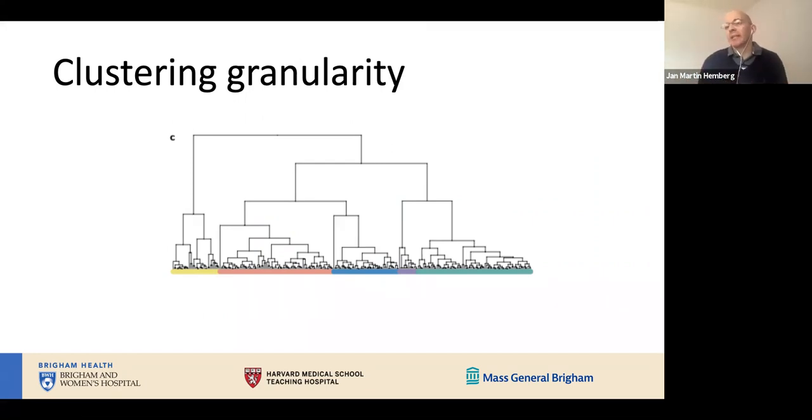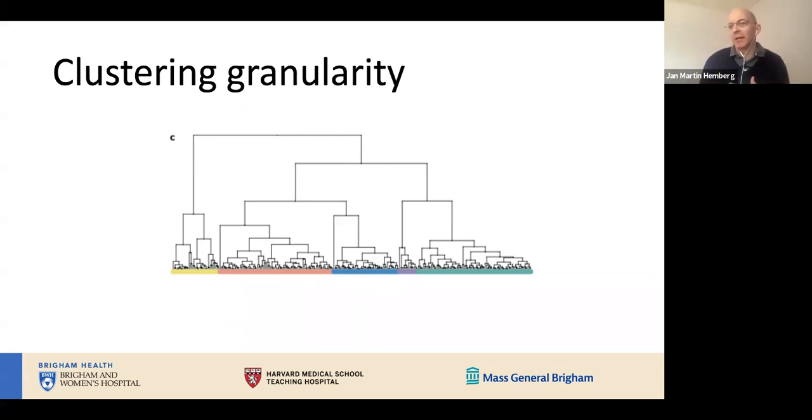Then you could imagine a more fine-grained clustering where neurons are split into the excitatory and the inhibitory neurons. And then you could think of it at an even finer level where the neurons are split into the different layers where they would come from. All of these solutions would be correct in some sense, and which one is best is really determined by your question and by your application.